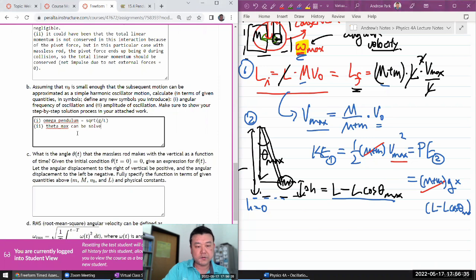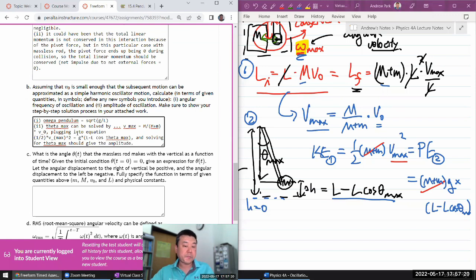Theta max can be solved by taking V max, which I have in my attached work, the ratio of m to the total mass times V naught, plugging into the equation 1/2 times V max squared is equal to g times L minus L cos theta max, and solving for theta max should give the amplitude.